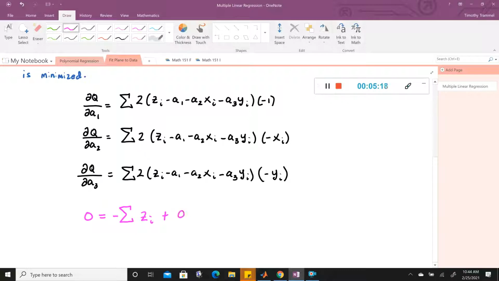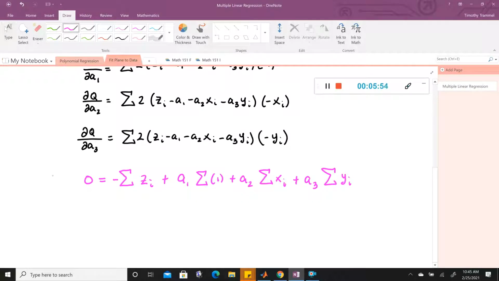A1 times the sum of just 1. This A1 is a constant, so I can pull it out of the sum here. And then plus A2 times the sum of x sub i. Again, distributing that negative makes this positive. And then one more, plus A3 times the sum of y sub i.